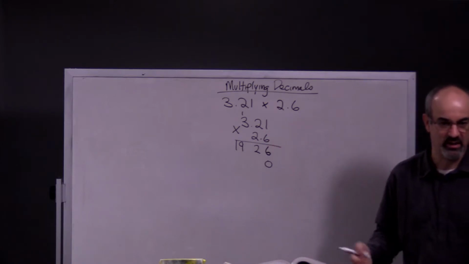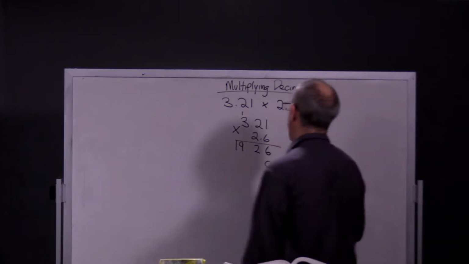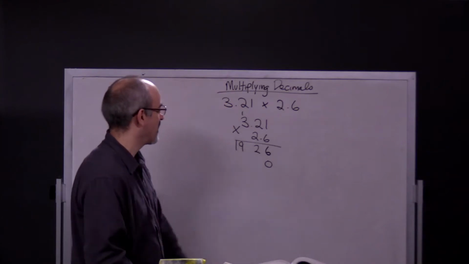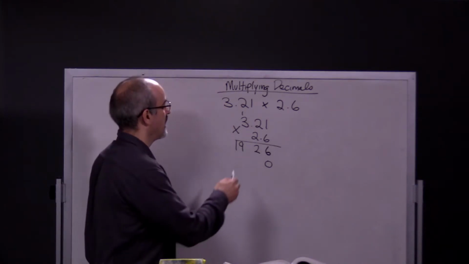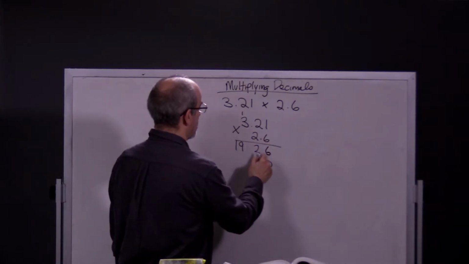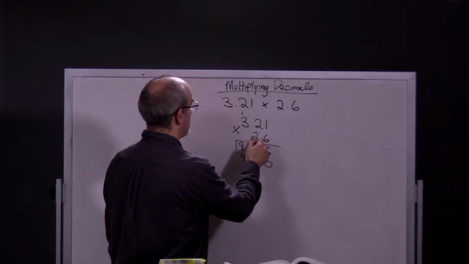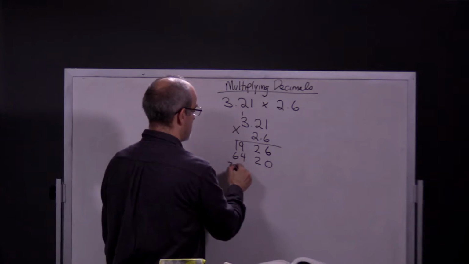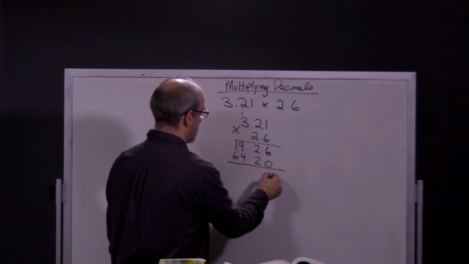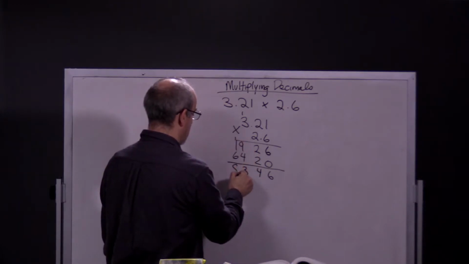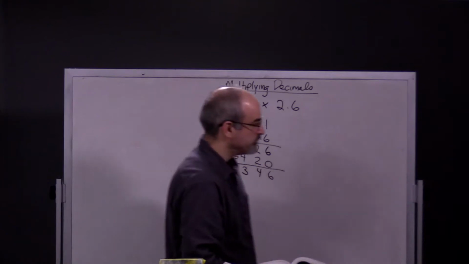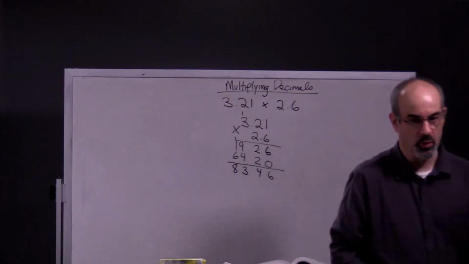That would be like the tens place, so we're really multiplying by 20. So 2 times 1 is 2, 2 times 2 is 4, 2 times 3 is 6. Add these together: 6, 4, carry the 1, 8.